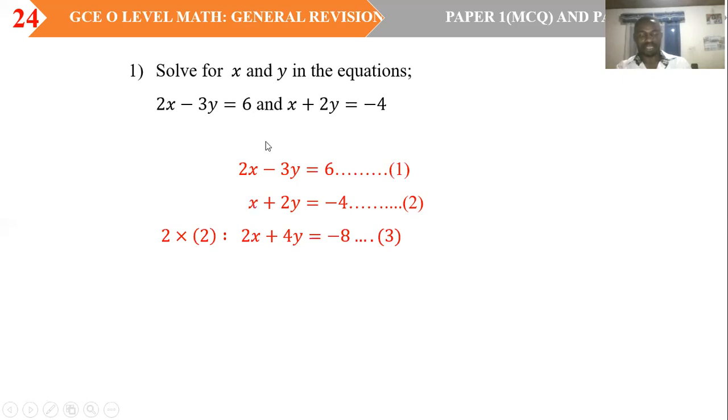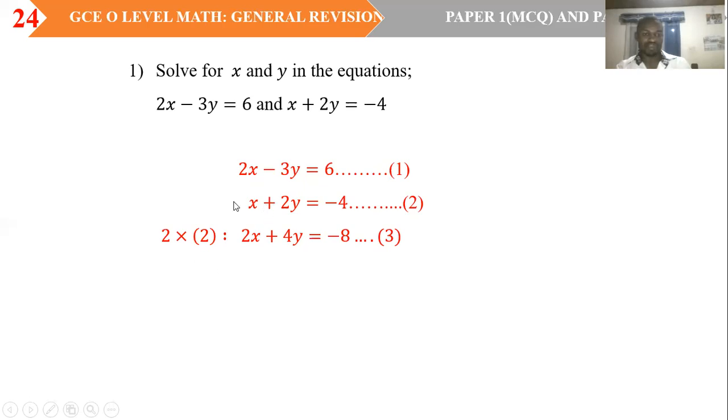And we look at how we can eliminate. The coefficients of each variable in each equation are different. Therefore, to eliminate, we need to identify one variable and make sure that the coefficients of that variable in both equations are the same.